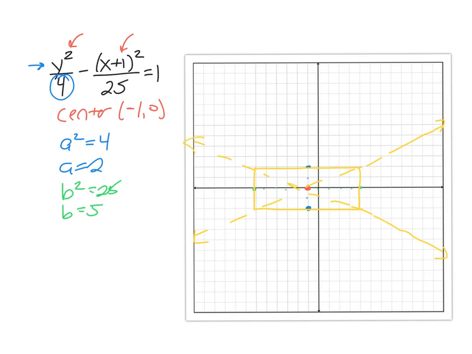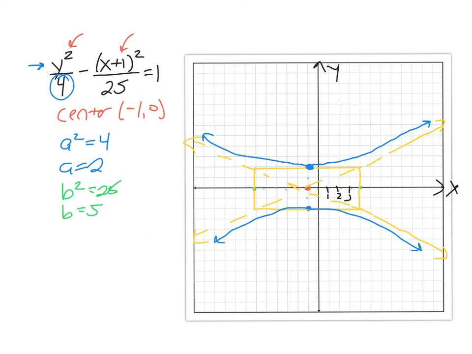And now we start here and we draw a graph getting closer and closer to the asymptotes we drew from the rectangle. Here and here. And then just a little bit of labeling. That's an x. And we're done.